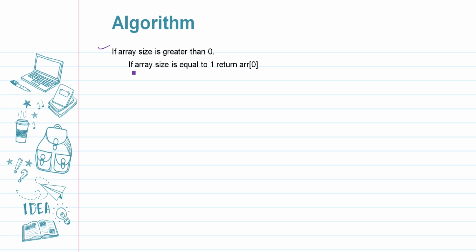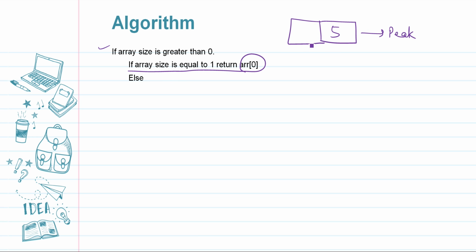Let me explain one more time to you. So the first condition is if the array size is greater than 0, which basically means the array has some elements. Now if the array size equals 1, return arr[0]. If the array has only one element, return that value as a peak element. Now else, which basically means it is going to have more than one element.